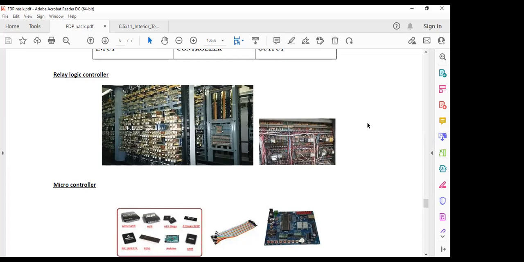How many of your students make the program for that project themselves? For a microcontroller, we just go to Google, we copy the code, we make some slight changes, and we dump it to the microcontroller. Most of the time I have seen this. So in academics also, what we learn about microcontroller programming is not enough to make a program for a big machine. But yes, we can learn it, I say.